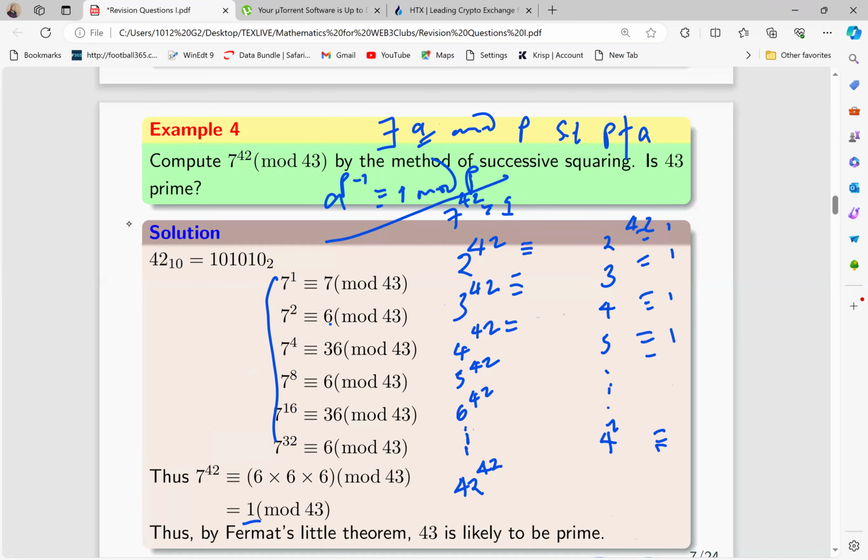That's what Fermat's little theorem says.